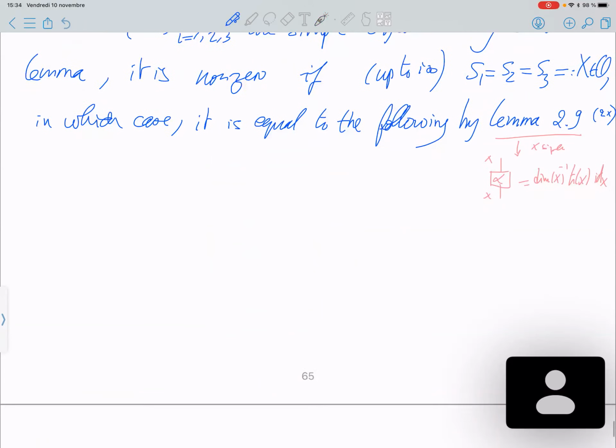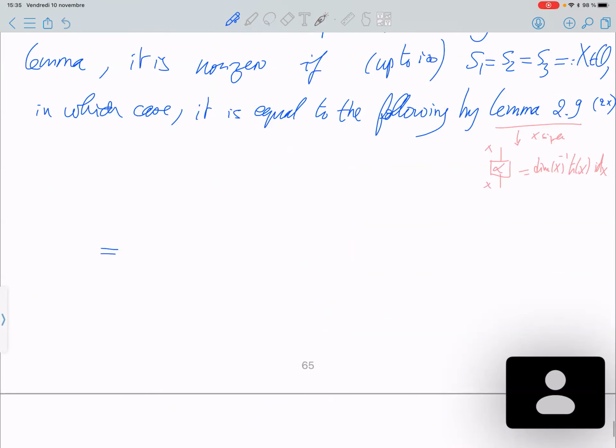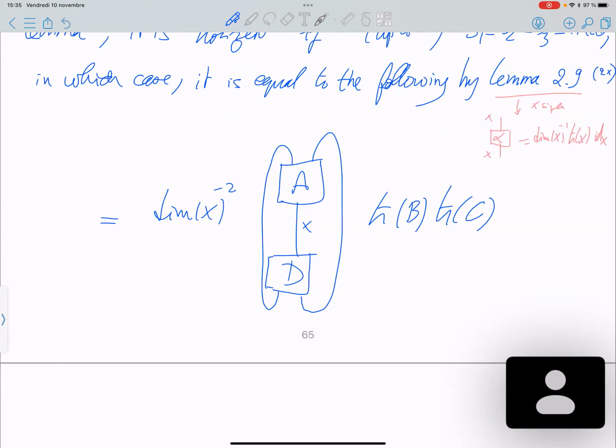So this is equal to dimension X power minus 2, identity of X, and these 2 traces: trace of B, trace of C. So now you have a constant, and you have a 3-part.